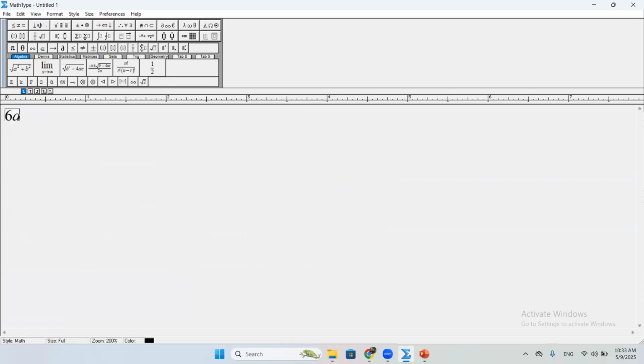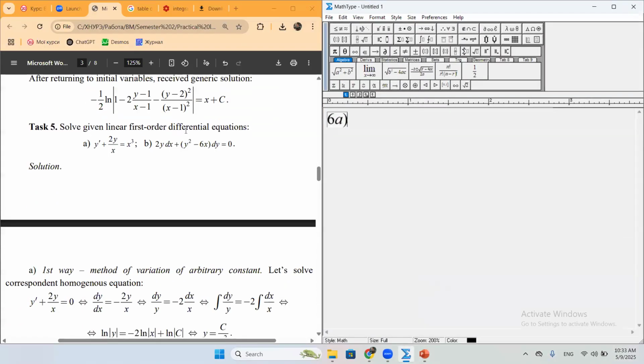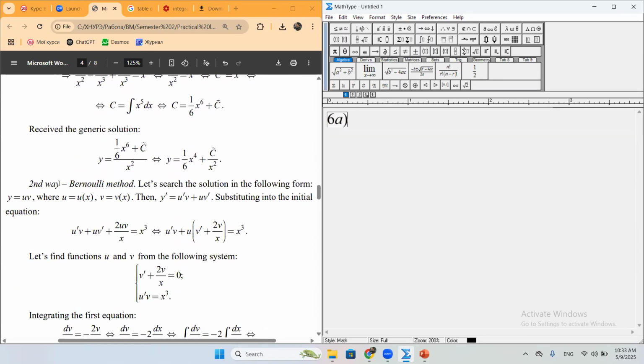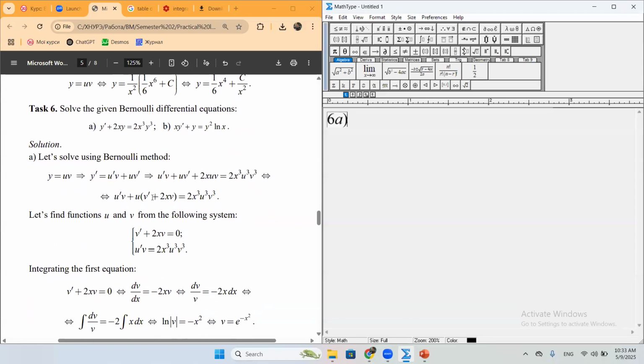As I told you before, there is one more method of solving a linear differential equation, the Bernoulli method, and here we have the solved example. But we will use such a method for another kind of equation, for the Bernoulli equation. So what is the Bernoulli equation?